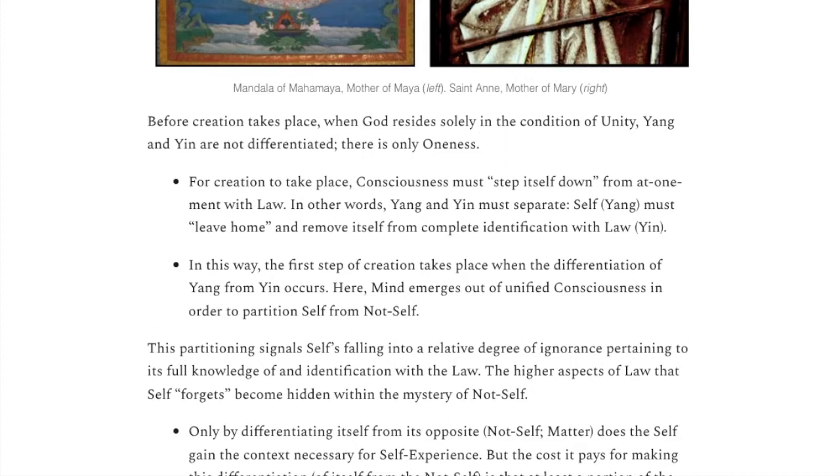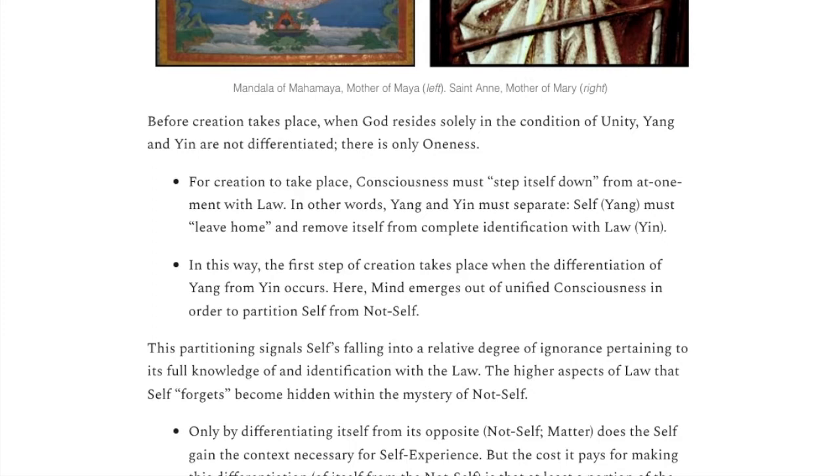Self, or yang, must leave home, quote unquote, and remove itself from complete identification with law, which is yin in this case. So yang and yin, heaven and earth, separate. In this way, the first step of creation takes place when the differentiation of yang from yin occurs. Here, mind emerges out of unified consciousness in order to partition self from not self.